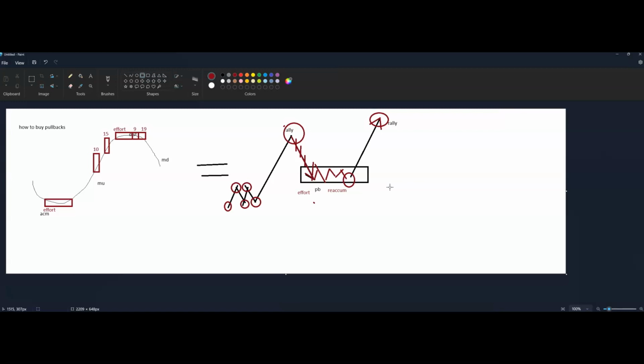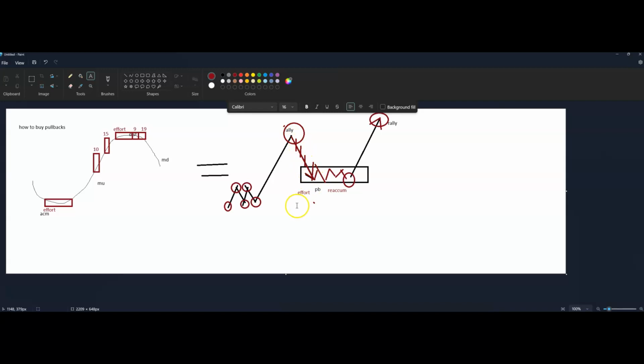So the point that I'm trying to make is that in the volume analysis of turning points, when you take a look at that turning point, you will find effort. And that effort is part of accumulation or distribution. And all that really does is change a very powerful relationship.